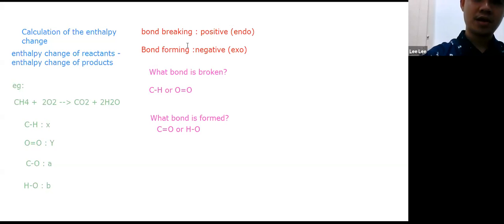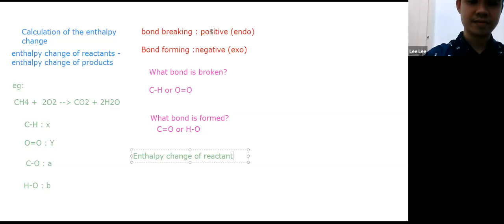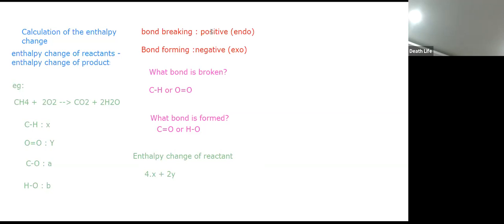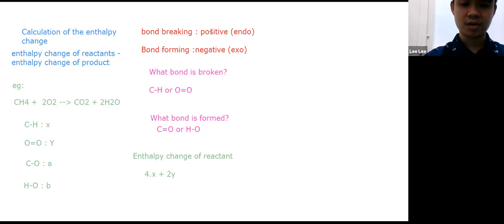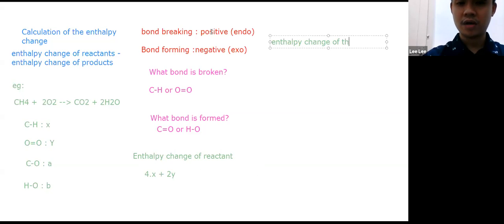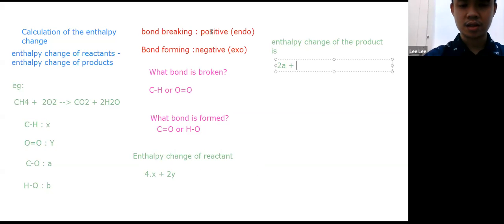Now to answer the enthalpy change, we start with the reactants. The enthalpy change of the reactants: how many CH do we have? 4. How many O2 do we have? 2. So the enthalpy change for the reactants is 4X plus 2Y. The enthalpy change of the products is 2A for the 2 CO, plus 4B.